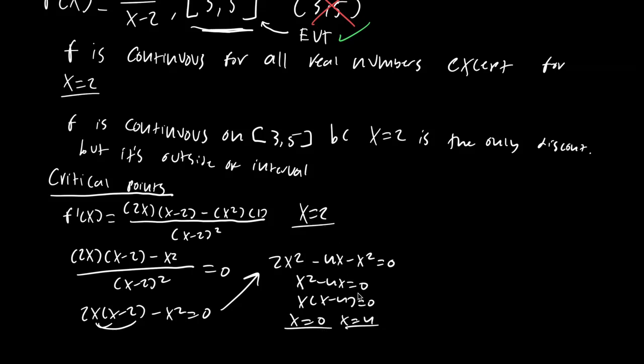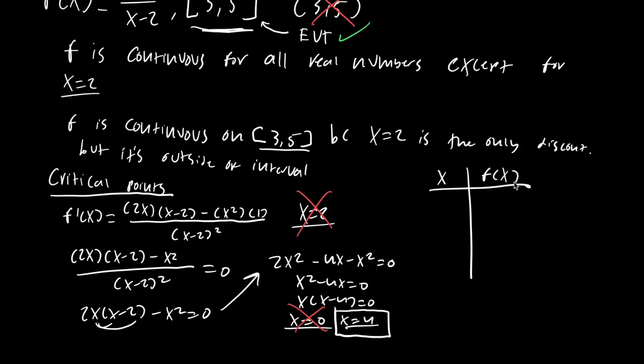Now we have to look back at our interval. Since our interval is 3 to 5, 0 and 2 aren't included. So the only critical point that we care about is x equals 4. Now our next and close to final step is to make a table of our parent function, not our derivative function, and find the y values.